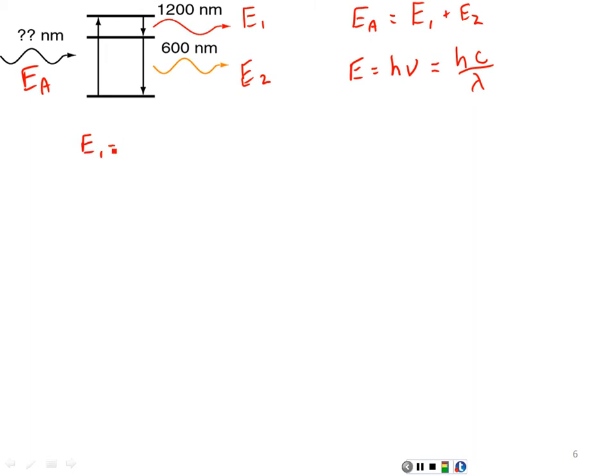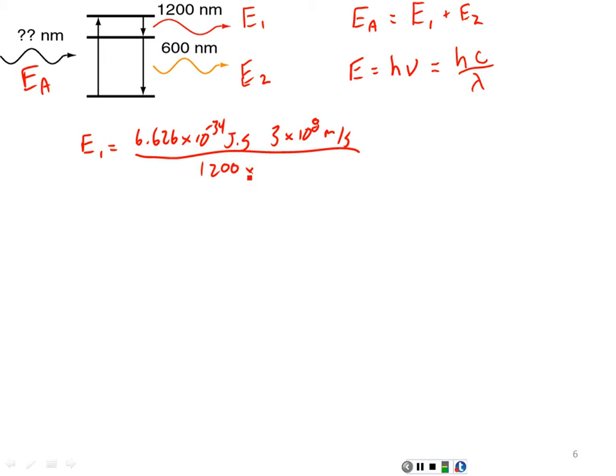So energy 1 equals 6.626 times 10 to the minus 34 joule seconds times 3 times 10 to the 8th meters per second divided by 1200. Now remember, we have to convert from nanometers to meters.